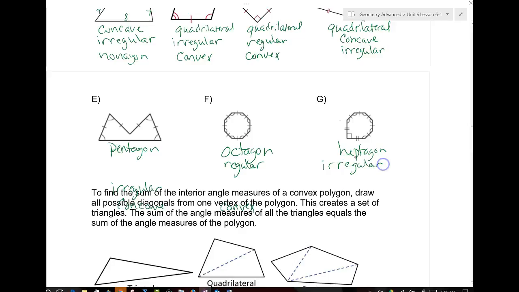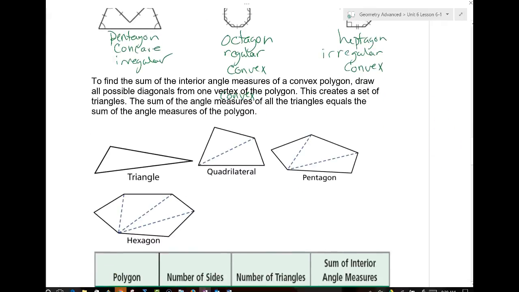Yep, irregular. And it's what? Convex. I totally forgot to write my stuff down here. Convex. Concave. Oh, that moved down. I copied and pasted it without meaning to. All right. Irregular. We're all good. So far we good, guys?